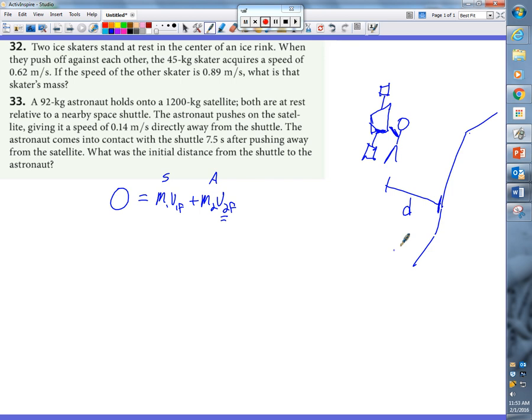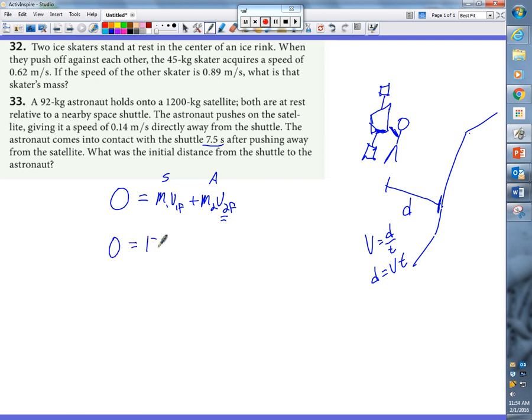From there, you can just use that speed and this amount of time to find that distance, using the speed equation v is equal to d over t, which means distance is equal to speed times time. This is a last little extra thing there. So just plug in values.